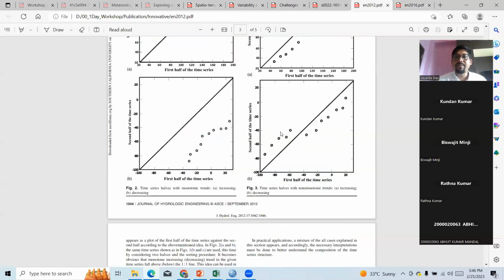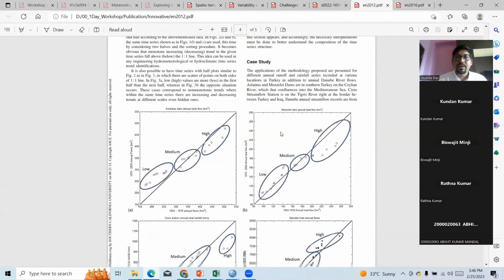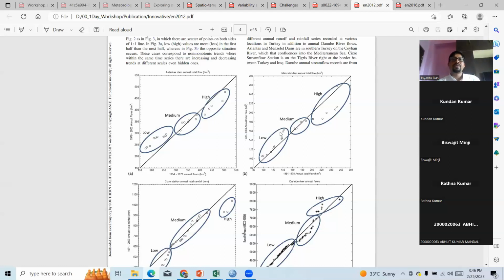I have shared this paper. Please download it. Now see this low, medium, and high. How can we decide whether it's low, medium, or high? We have to see this distribution pattern, and this is a different distribution pattern, and this is another different distribution pattern.